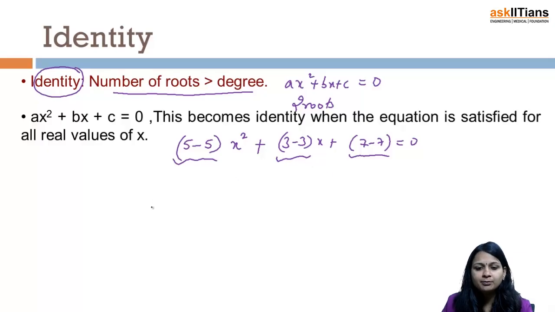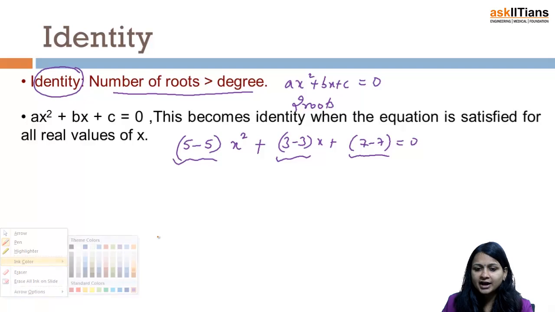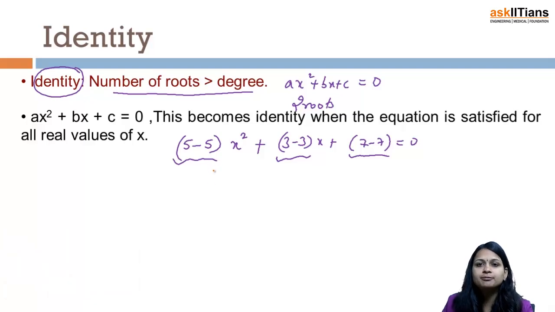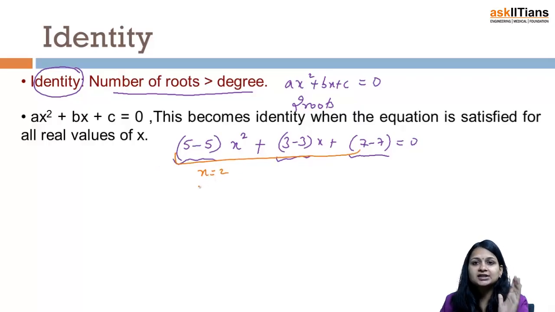Now, a very important thing that you will find over here is that if I put any value of x in it, I will always get it equal to 0. Suppose I put x equal to 2 into this equation, I will have it 0. Because it is 0 into x square plus 0 into x plus 0 only, right? So it will always be 0.